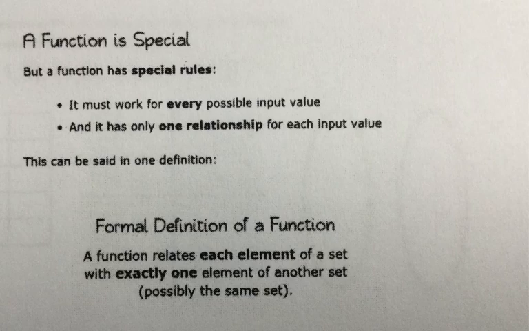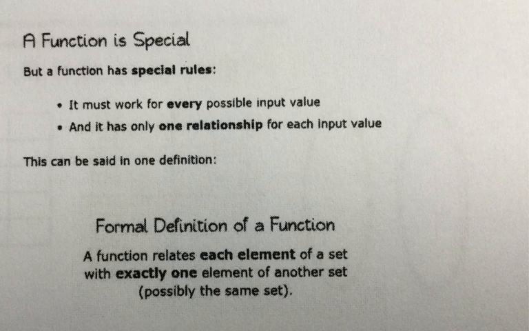We're going to start with what your paper defines a function to be. They say a function is special, but a function has special rules. It must work for every possible input value, and it has only one relationship for each input value. So the formal definition of a function relates each element of a set with exactly one element of another set.